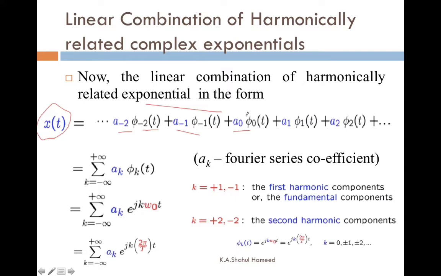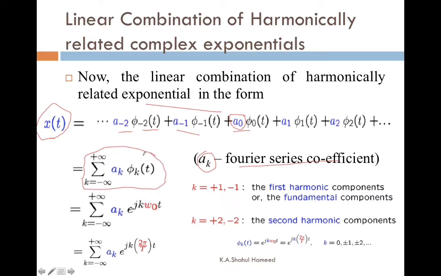Here a naught, a1, a minus 1, which I can simply call a suffix k, are called Fourier series coefficients. It's actually a linear combination of Fourier series coefficients and harmonically related exponentials. So I'm going to write it using the sum of all these harmonically related exponentials.